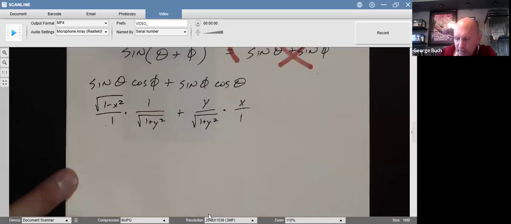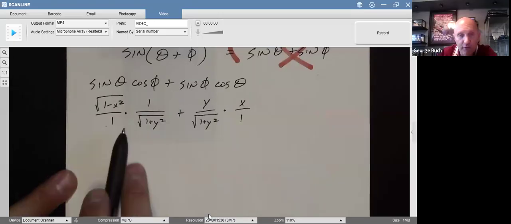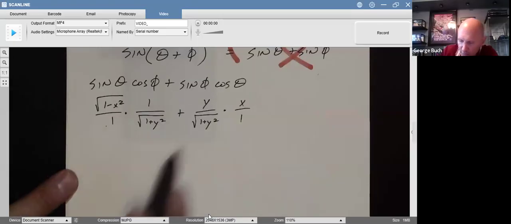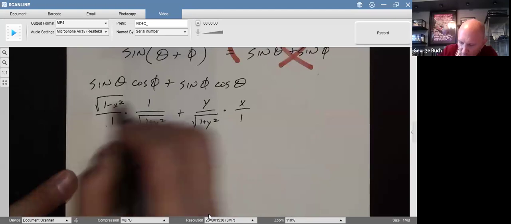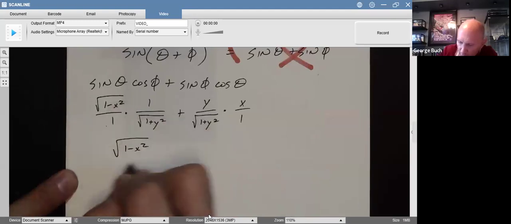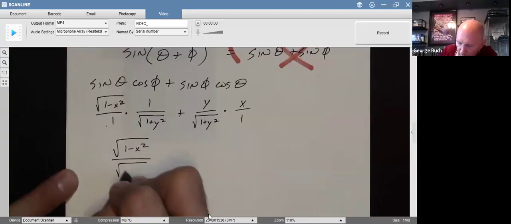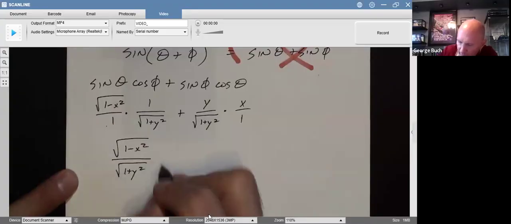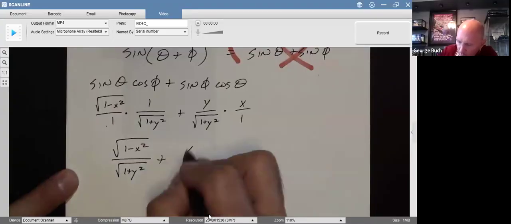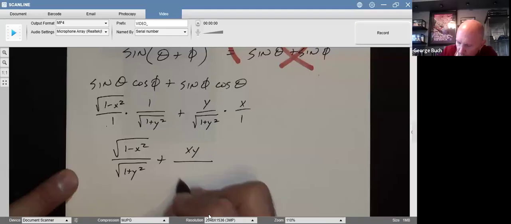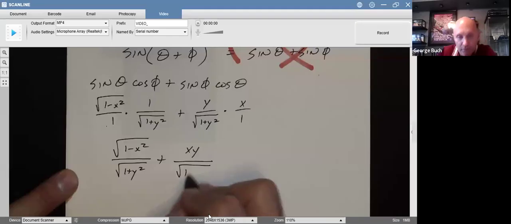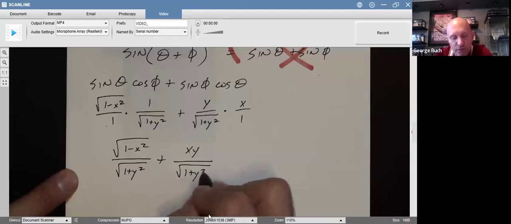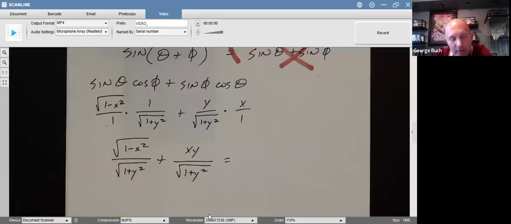And now, like magic, like I told you before, they have the same denominator, right? So this piece here is square root of 1 minus x squared over square root of 1 plus y squared plus x times y over square root of 1 plus y squared. If these have different denominators, you've not done the problem correctly.